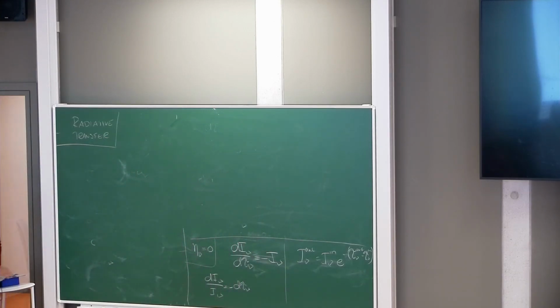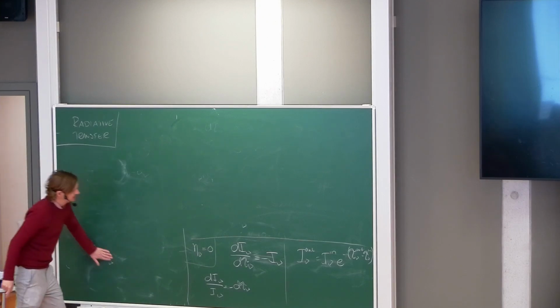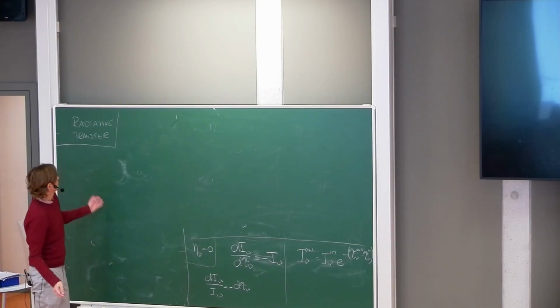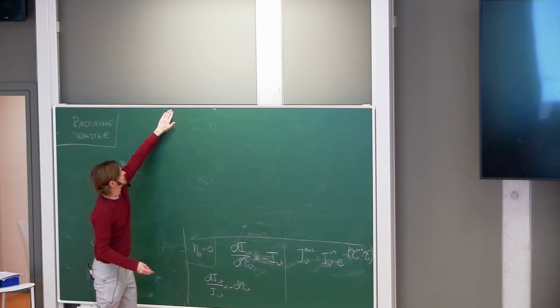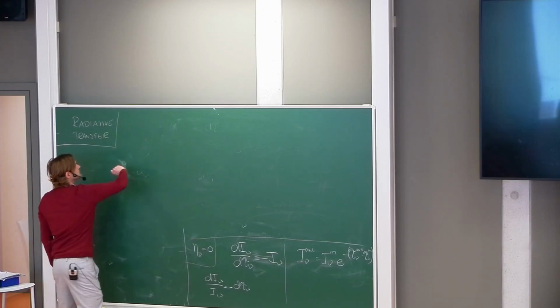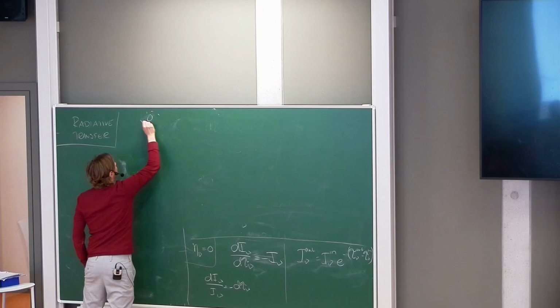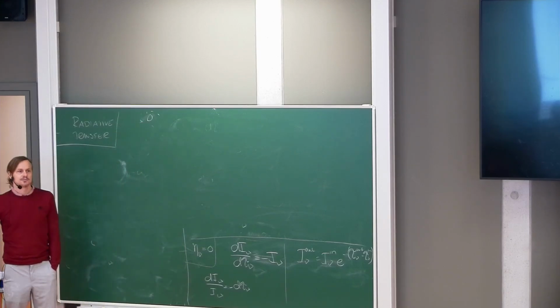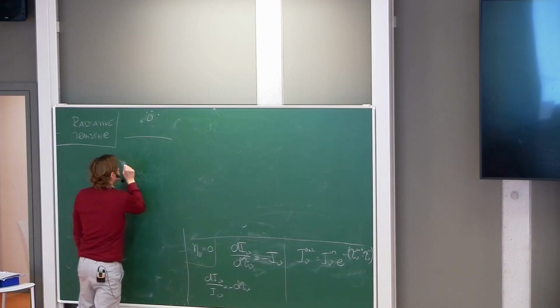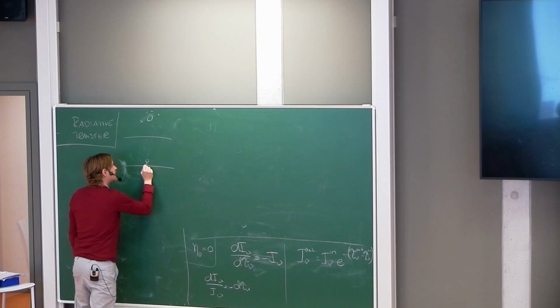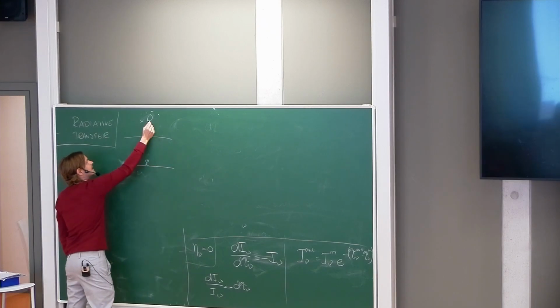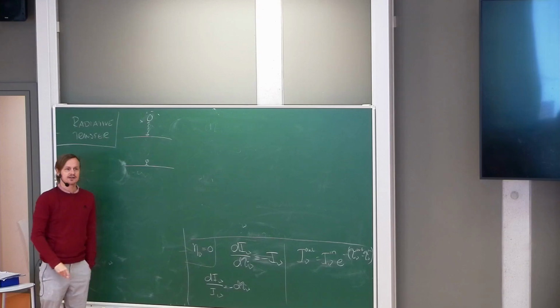Yeah? So you can imagine, for example, you have light reaching us from the sun. Here is our atmosphere. We're standing here looking up. And then the light is hitting our atmosphere.